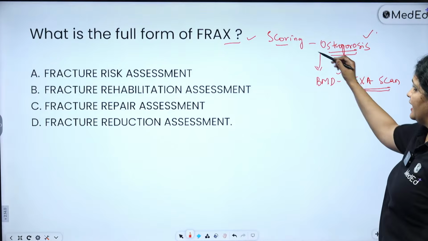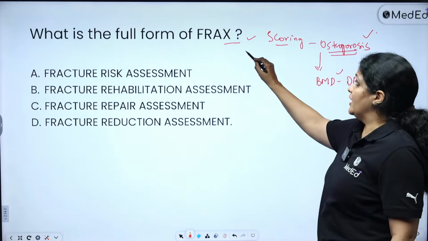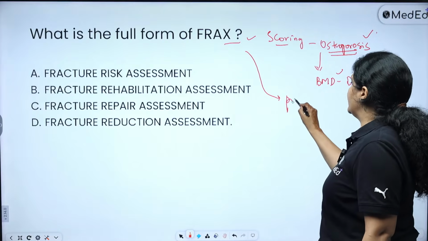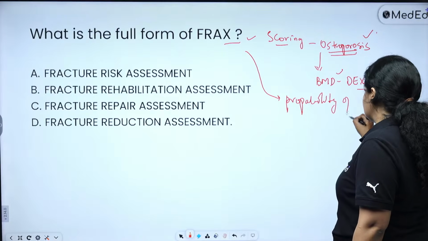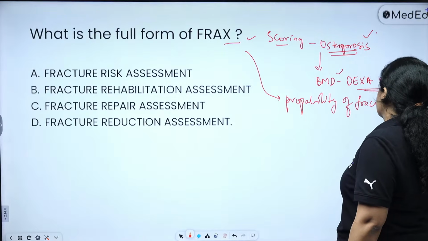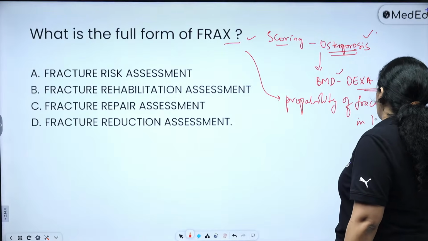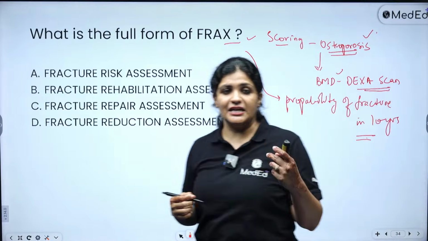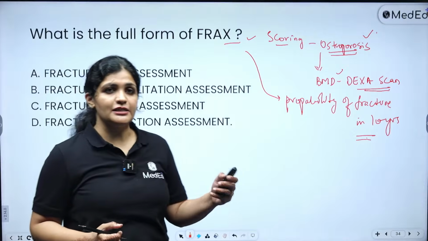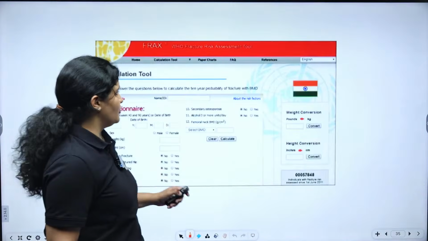But here they have come with a scoring system where you assess the probability of fracture. You take into account the probability of fractures that will happen in the next 10 years, the percentage chance that you can end up with fractures in the next 10 years.